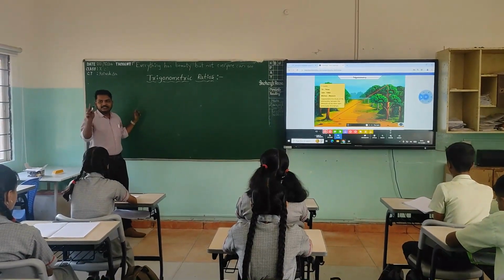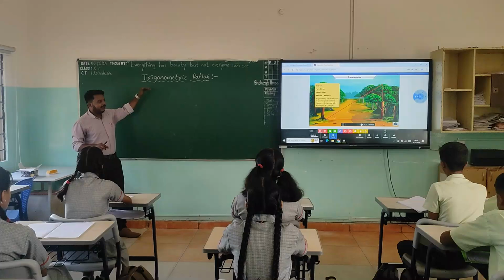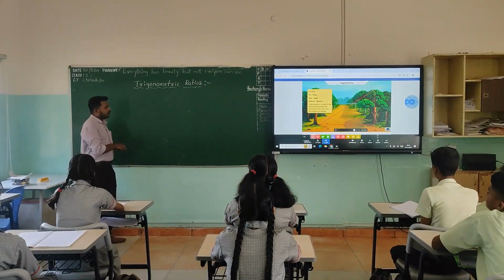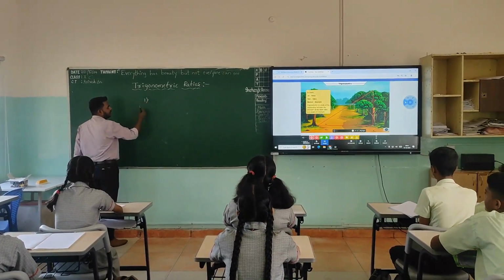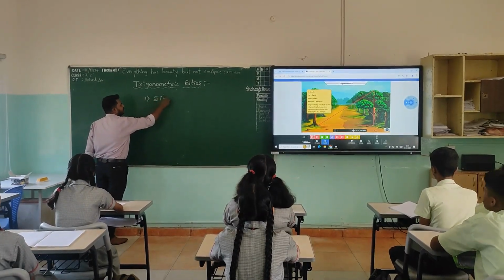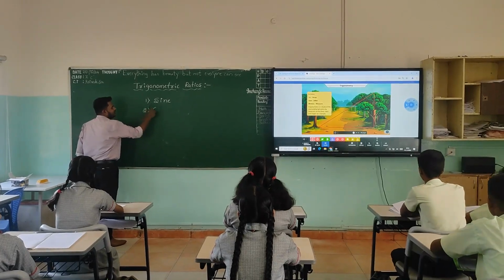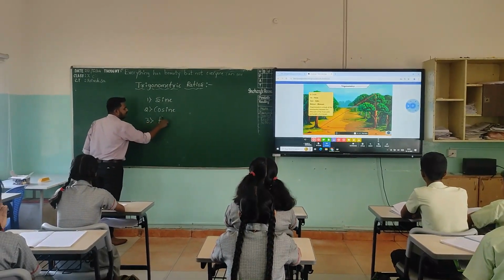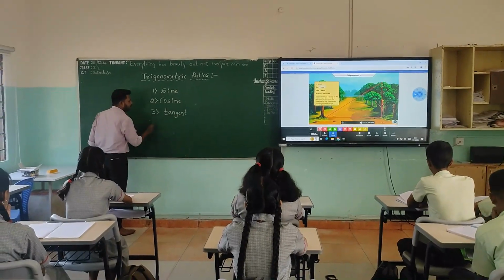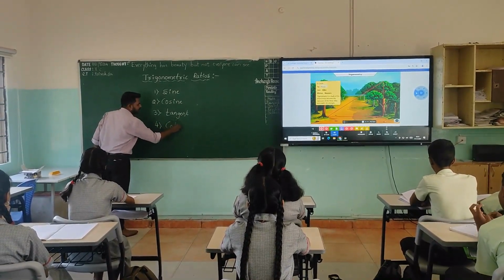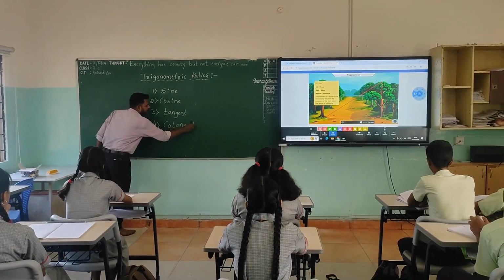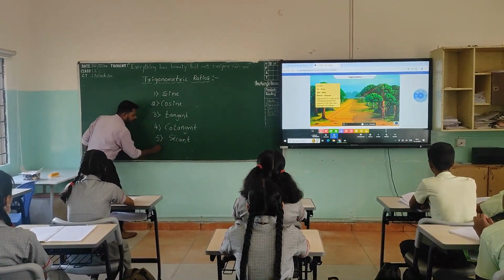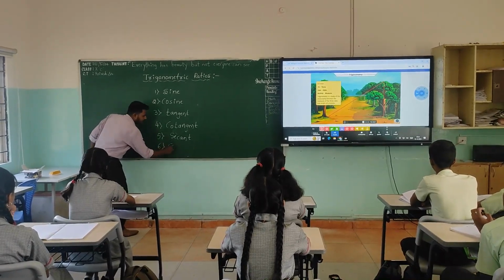So we have totally 6 ratios. In trigonometric ratios, by comparing the sides of a triangle, we have 6 ratios. The name of the first ratio is sine. The second ratio is called cosine. The third ratio is called tangent. The fourth ratio is called cotangent. The fifth ratio is called secant. The last ratio is called cosecant.